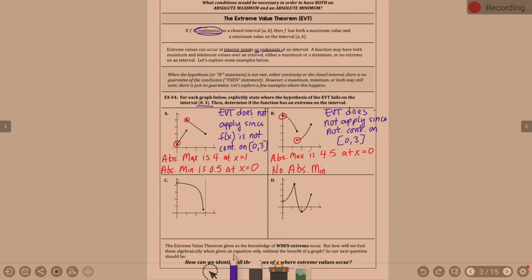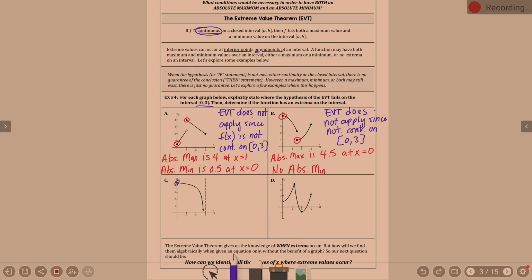However, we are specifically talking about the closed interval. If it was the open interval, I'd be all for it. But because it's a closed interval where the endpoints are included, what's the catch? This endpoint is not included, is it? Because it's an open point.